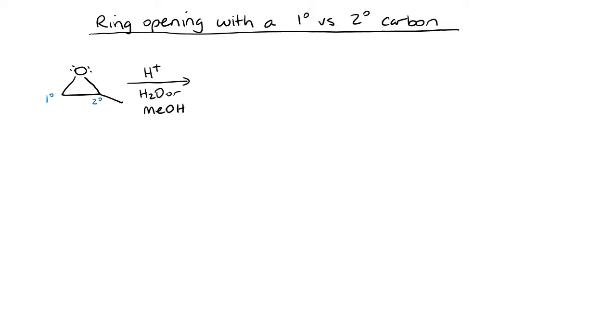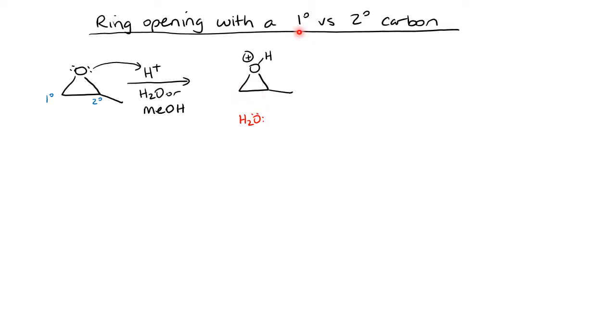Okay, so with this reaction, it's the same thing. We have the oxygen go and take the acidic hydrogen. This time we'll go ahead and use water as our nucleophile. But now water has a choice. It can either attack at this carbon or this carbon.